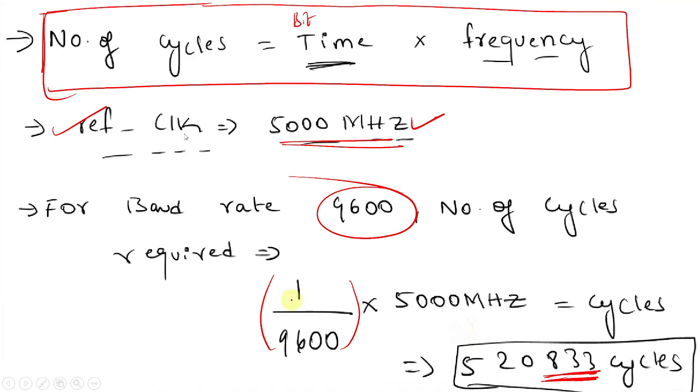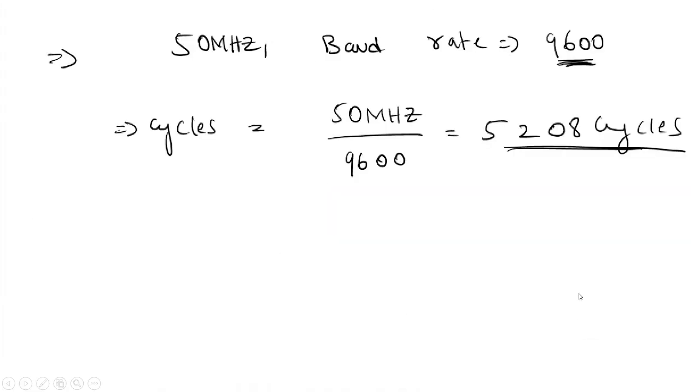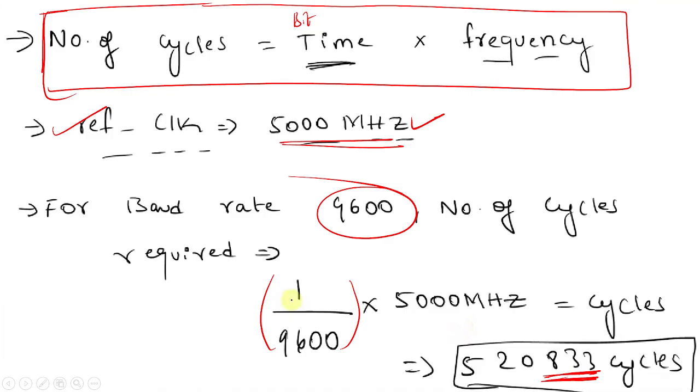So this is about the number of cycles, that is time into frequency. So next, suppose number of cycles for 500 megahertz means how much? Initially we saw 5000 megahertz.